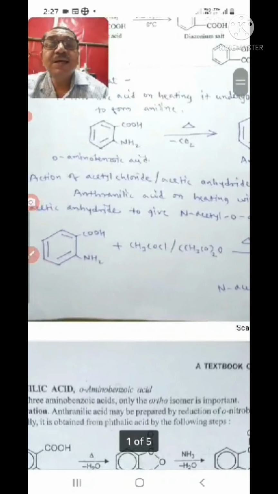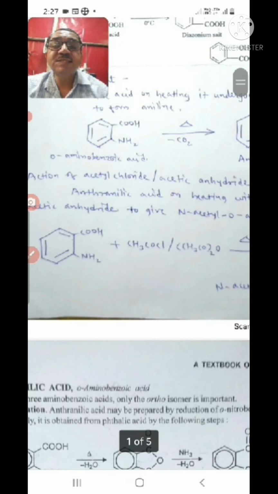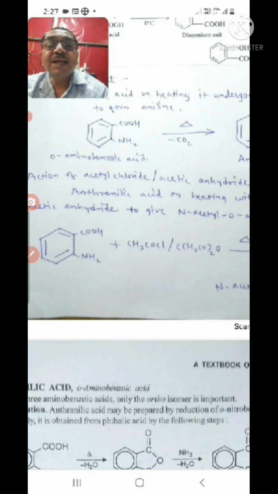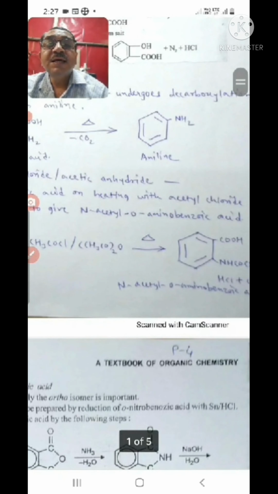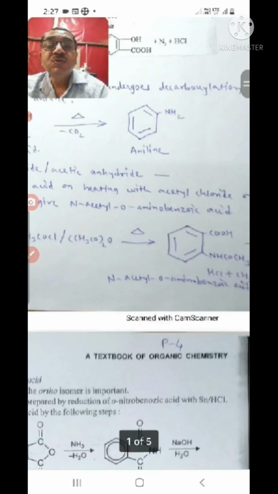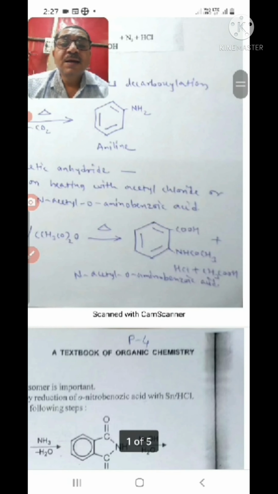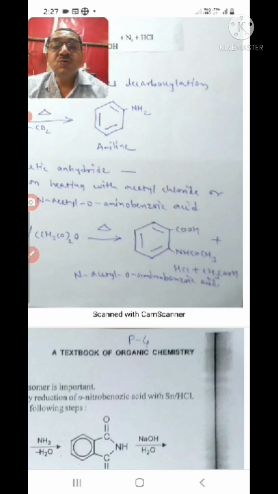When we treat anthranilic acid with acetyl chloride or acetic anhydride, we get N-acetyl ortho-amino benzoic acid. It has the benzoic acid part and the NHCOCH3 part, so that is N-acetyl ortho-amino benzoic acid.